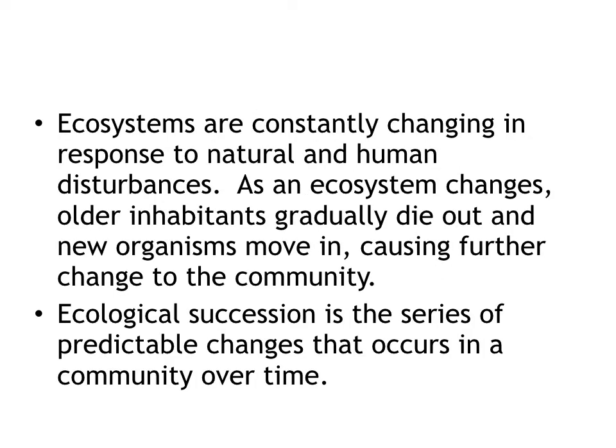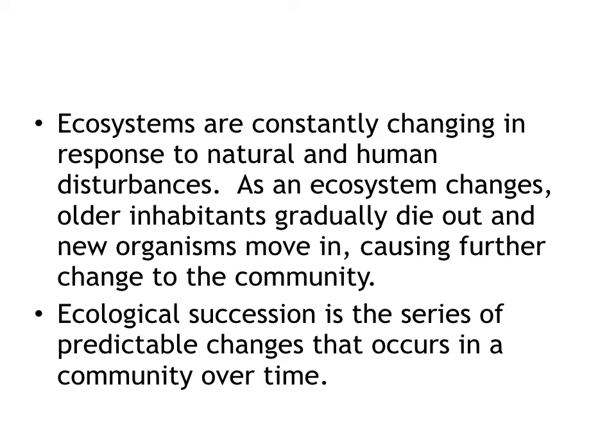Now, ecosystems are constantly changing in response to natural and human disturbances. As an ecosystem changes, older inhabitants gradually die out and new organisms move in, causing further change to the community. Ecological succession is the series of predictable changes that occurs in a community over time.